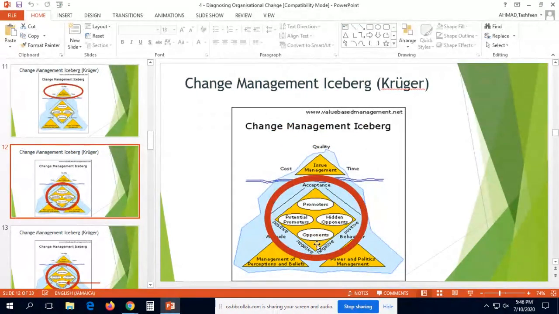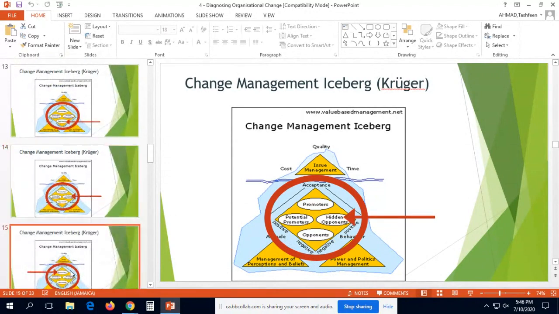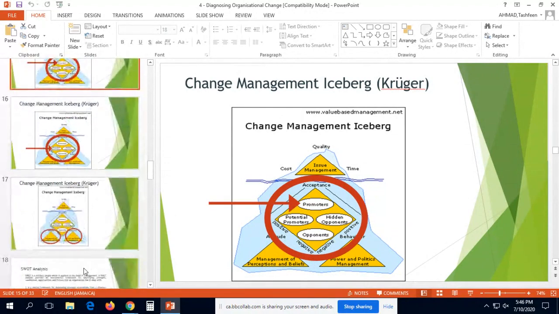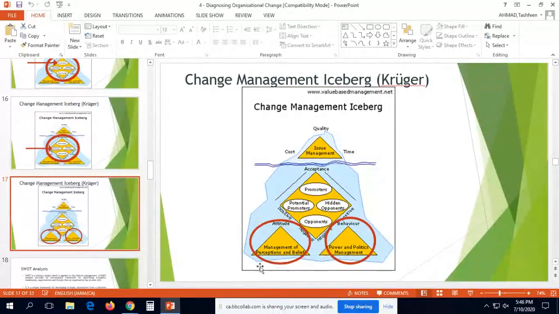Okay. So please think about these things in your own time. Pretty basic, but pretty complex also, I would say. It is really hard to change someone. For example, look at these rectangles in the bottom, these ones: management of perceptions and beliefs.